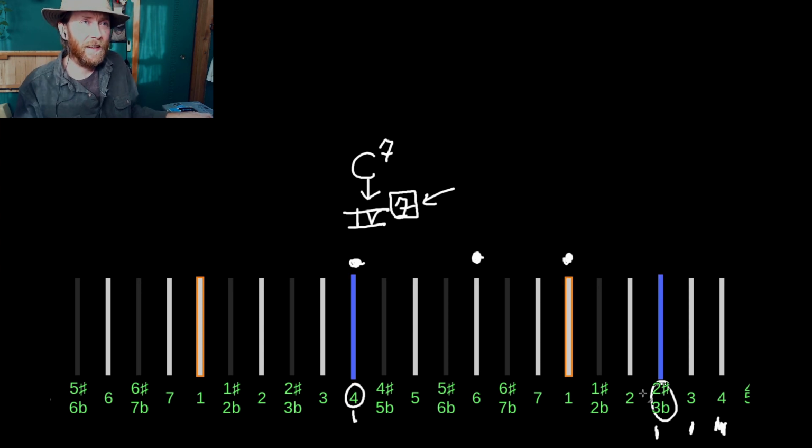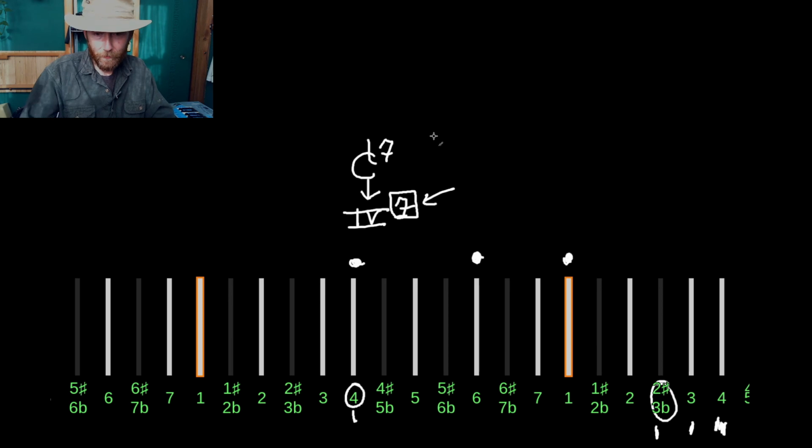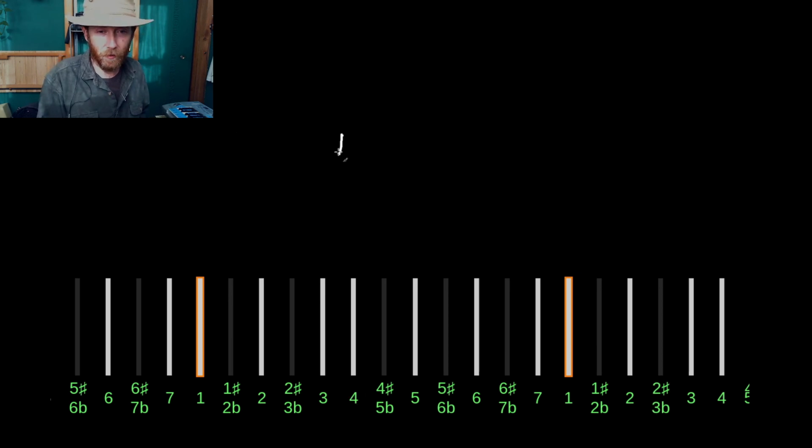And the shorter way you can think of a 7 chord, anytime, say you were told to play a 2-7 chord. Let's do a different one. Let's do the 1-7 chord. The shortest shortcut here is to say, okay, just find the tonic and then go a whole step under it to play that 7th.